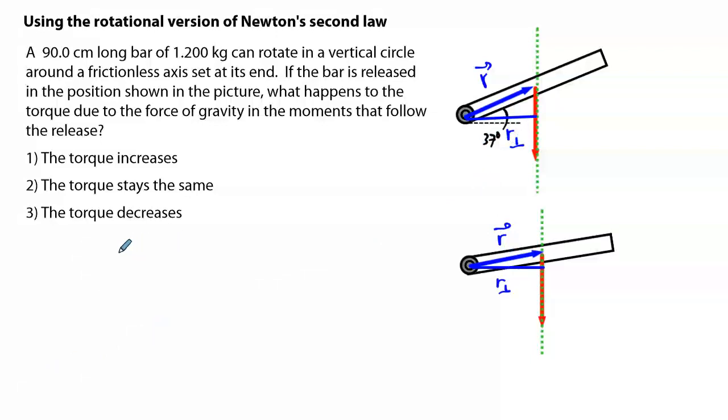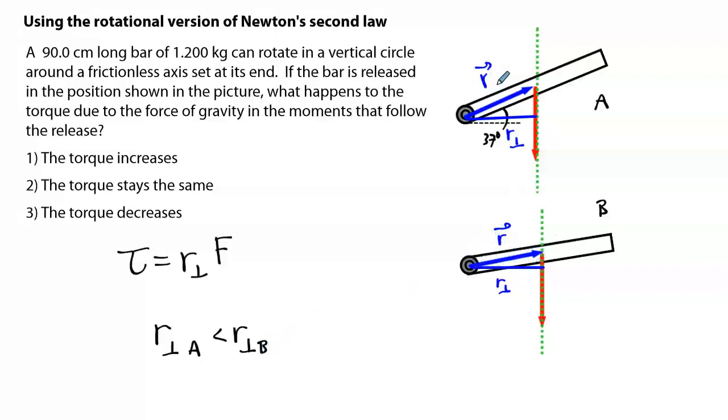Then, to calculate the torque, we just need to take the moment arm, R perpendicular, times the magnitude of the force F. That's it. So in here, if we compare situation A to situation B, you can see that the R perpendicular at A is actually smaller than the R perpendicular at B. This is because a larger portion of the vector R is now a horizontal component in the second case.